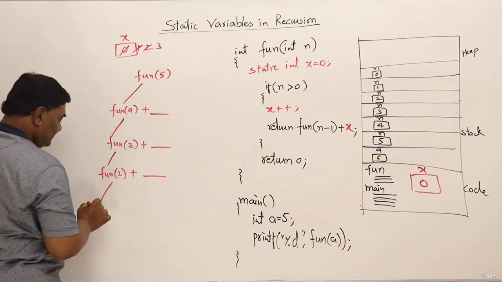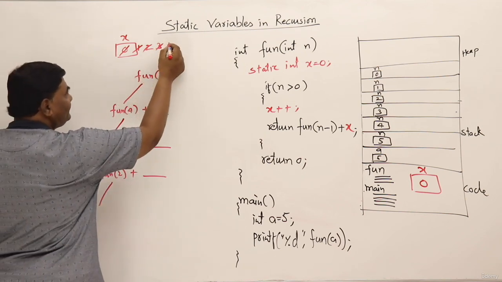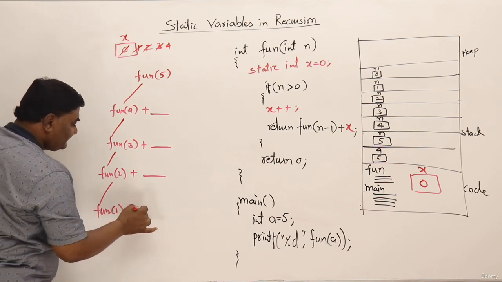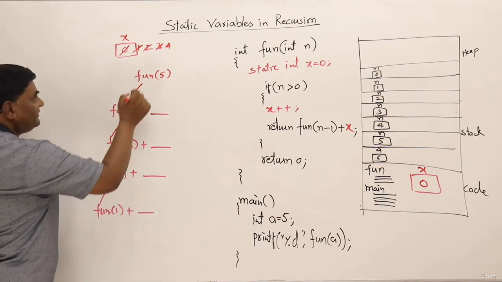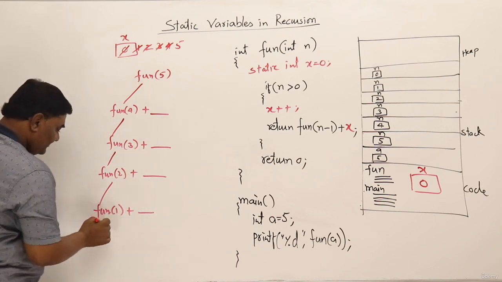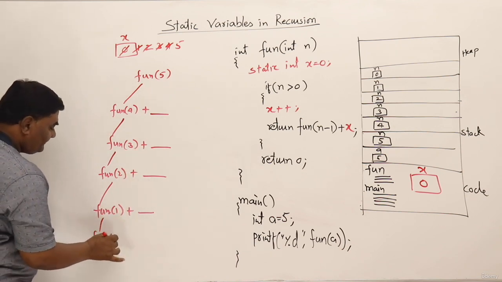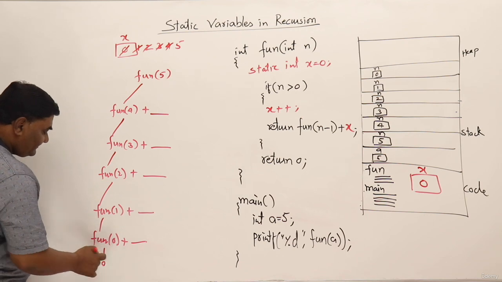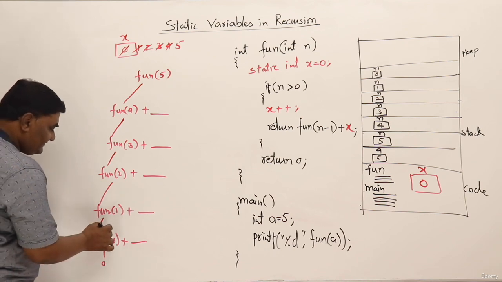Then for this call, x becomes 4, and call for 1 plus x should be added. Now for this call, x becomes 5 and call for 0 plus x should be added. Call for 0 returns 0, so the result of this function is 0.